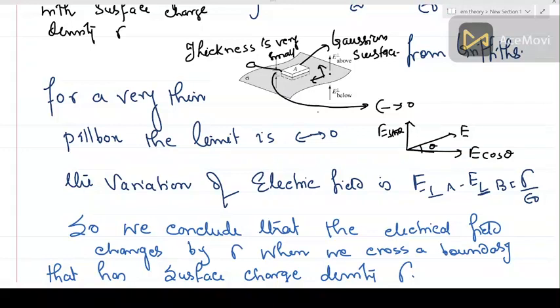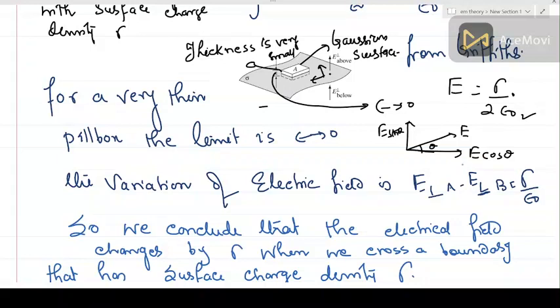If you have solved the problem on Gauss law for a thin sheet of charge, the electric field is sigma by 2 epsilon naught. The perpendicular component of the electric field below the surface and above the surface is sigma by 2 epsilon naught each, meaning these two add up with each other.